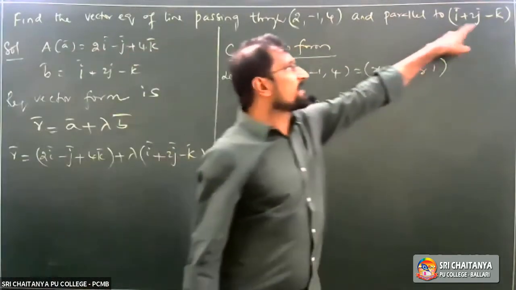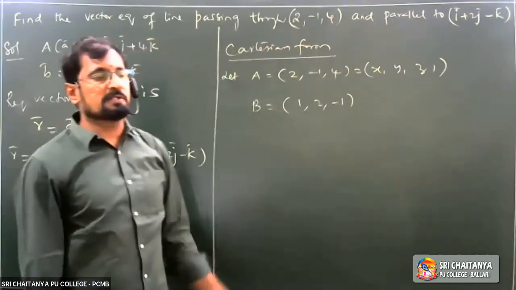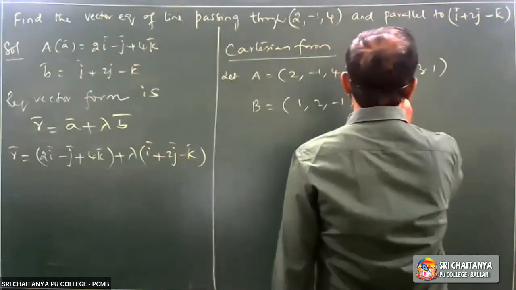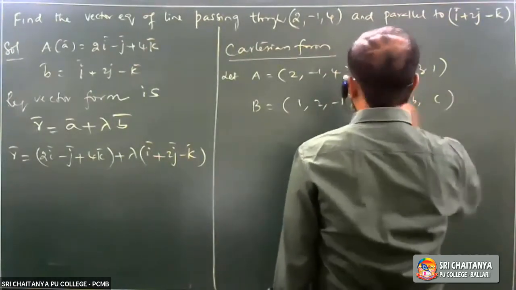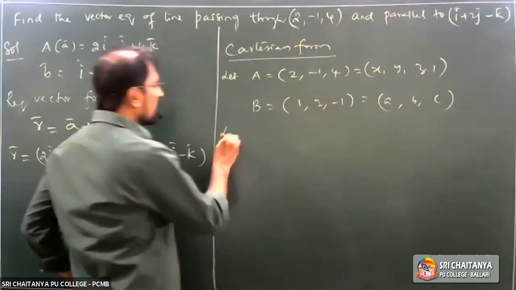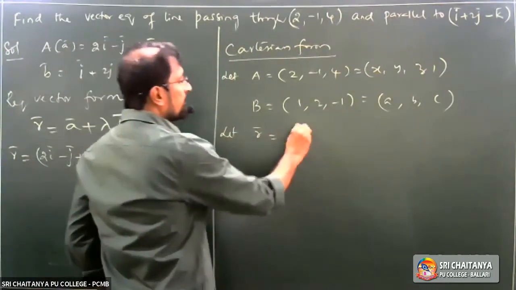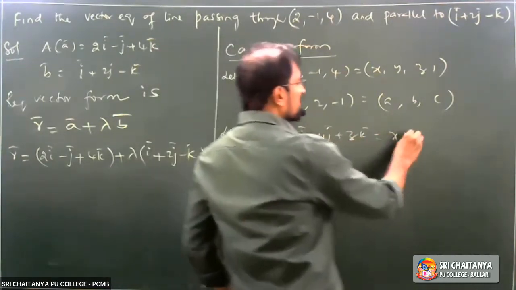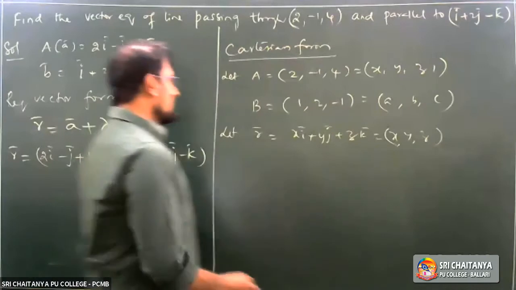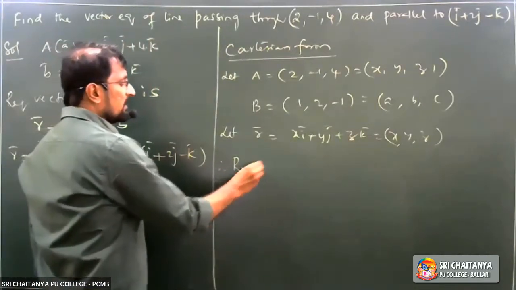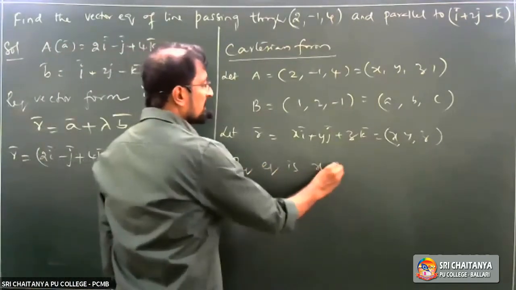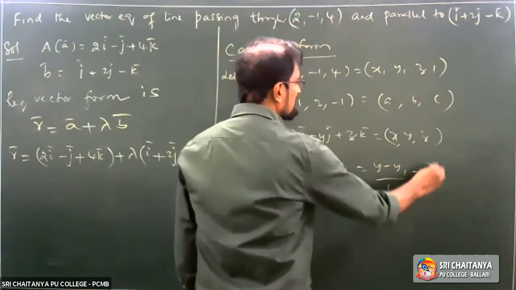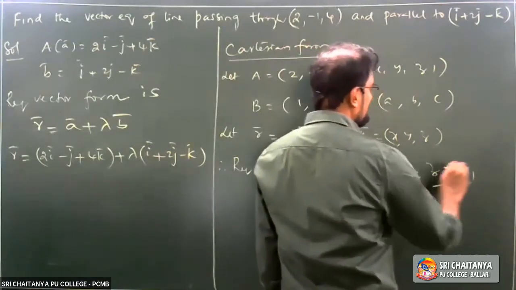You should write this as small a, b, c. And let R bar be xi plus yj plus zk, which is nothing but x, y, z. Therefore the required equation is x minus x1 by a is equal to y minus y1 by b is equal to z minus z1 by c.